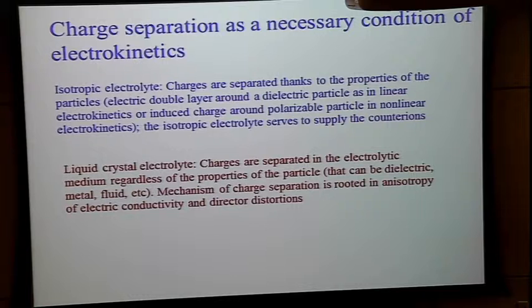In a liquid crystal used as an electrolyte, the mechanism of charge separation is different, but we need some mechanism of charge separation to have the motion of the fluid. This mechanism is rooted in the anisotropy of electric conductivity and in director distortions of the liquid crystal.